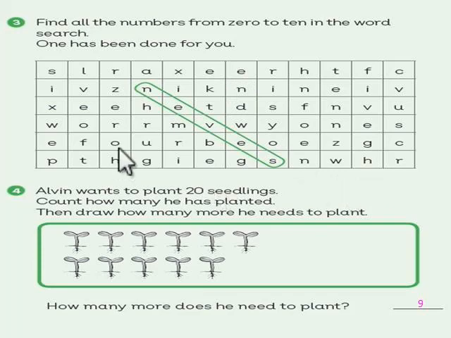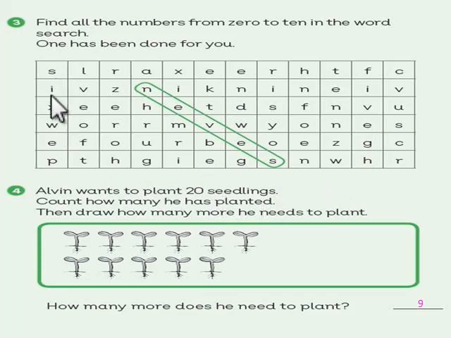F-I-V-E. 5. Here, F-I-V-E. 5. Then let's go to 6. S-I-X, 6. Now here, S-I-X, 6. Then 7. Now here, the 7.